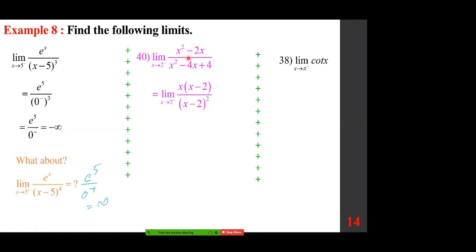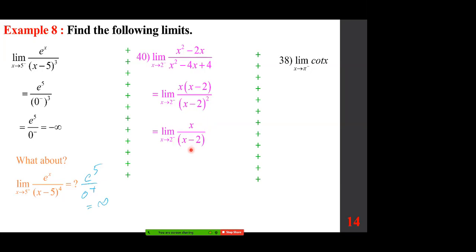Now for number 40, if you plug in, you get 0 over 0. The technique is factoring. Number 1, factor. Number 2, plug in. Now if I plug in, the top becomes 2. And again, class, 2 is approaching from the left. So if you put 1.9999 or 2.11, it is still number 2.